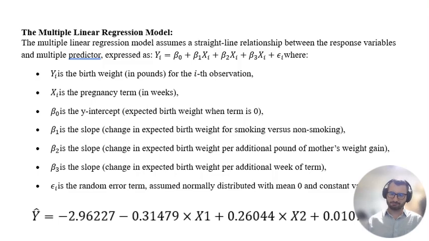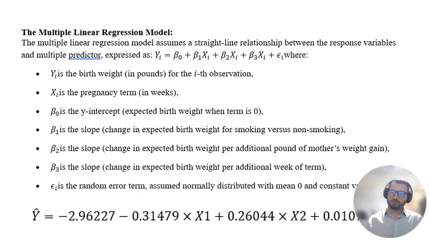And then weight gain is only about 0.01 pounds per pound of weight gained, which would be equivalent, over 30 weeks, to just a little over a quarter pound for a normal birth, quarter pound, half pound. So the root MSE was 1.07 pounds.